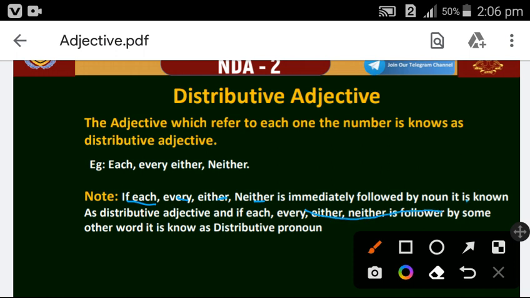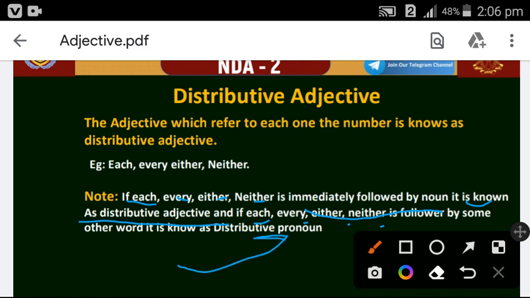And if each, every, either, neither is followed by some other word, could be your preposition or any other, then it is considered as a pronoun, not an adjective.